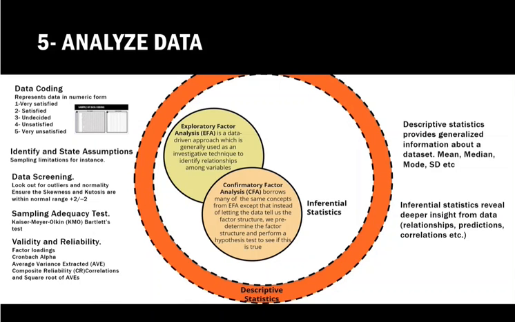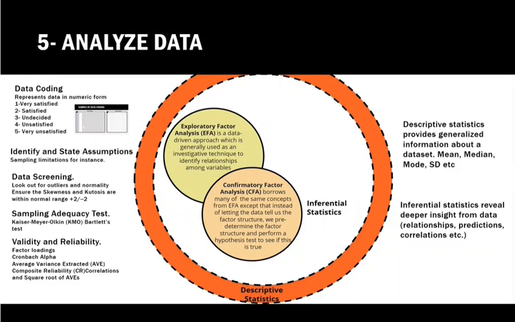So here, instead of letting data tell us the factor structure, we determine it ourselves. We have the factors and the structure already, but we just want to test those hypotheses and relationships to know whether they are true or not.